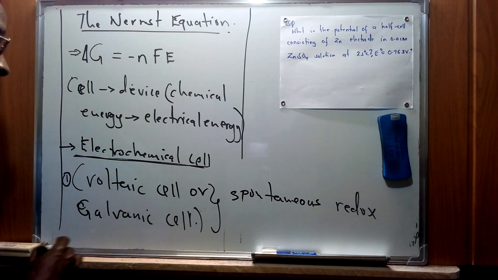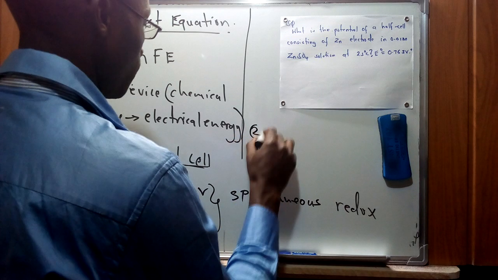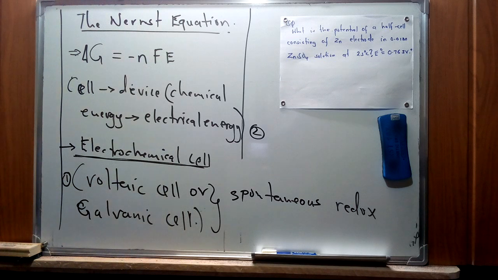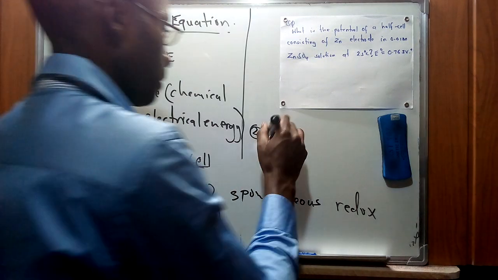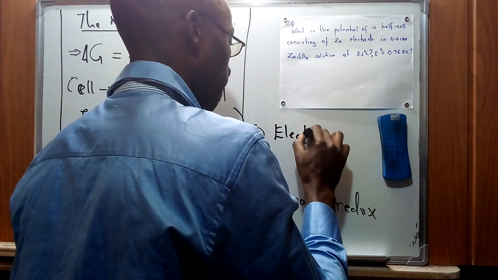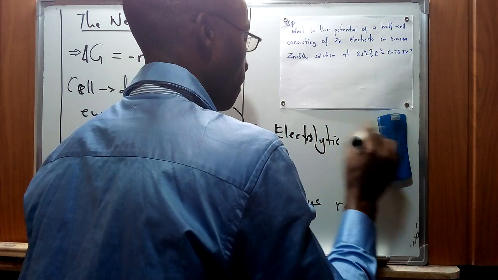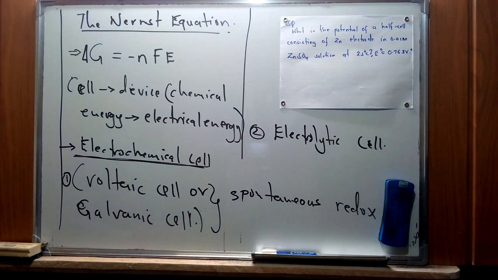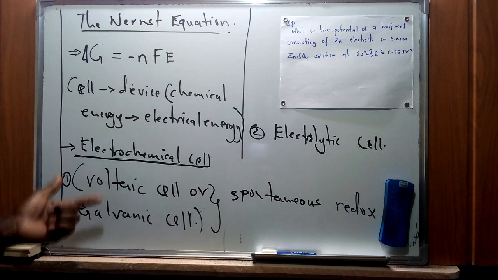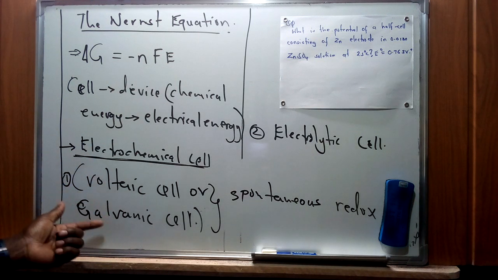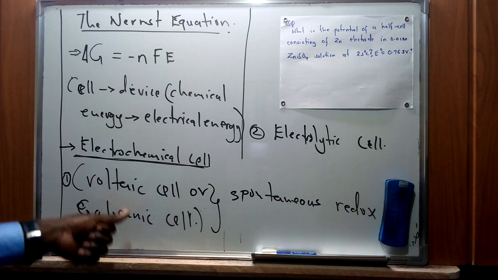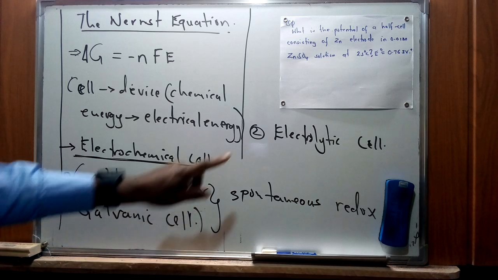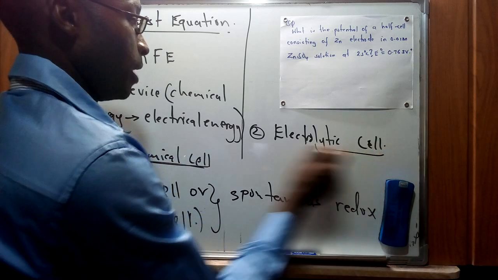There's a second one that we refer to as the electrolytic cell. So electrochemistry has two specific types of cells: a voltaic cell or galvanic cell, and a second one known as the electrolytic cell.